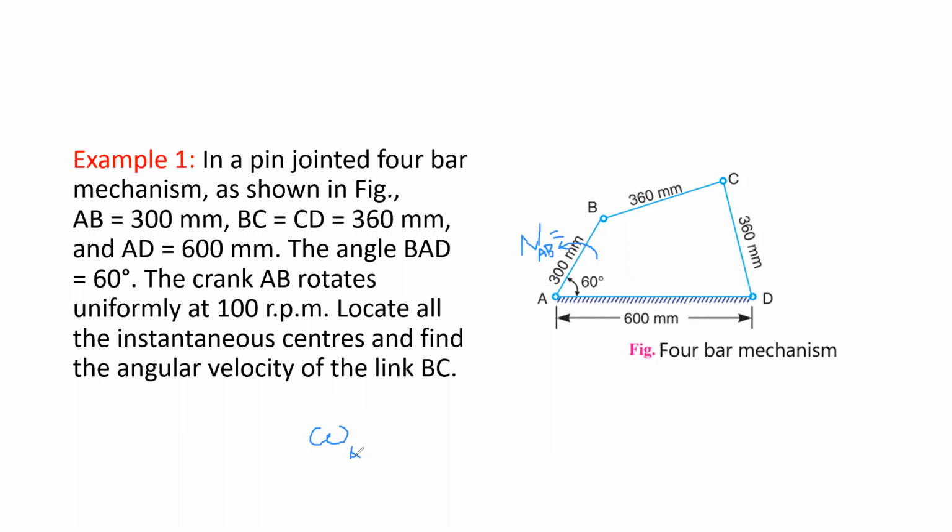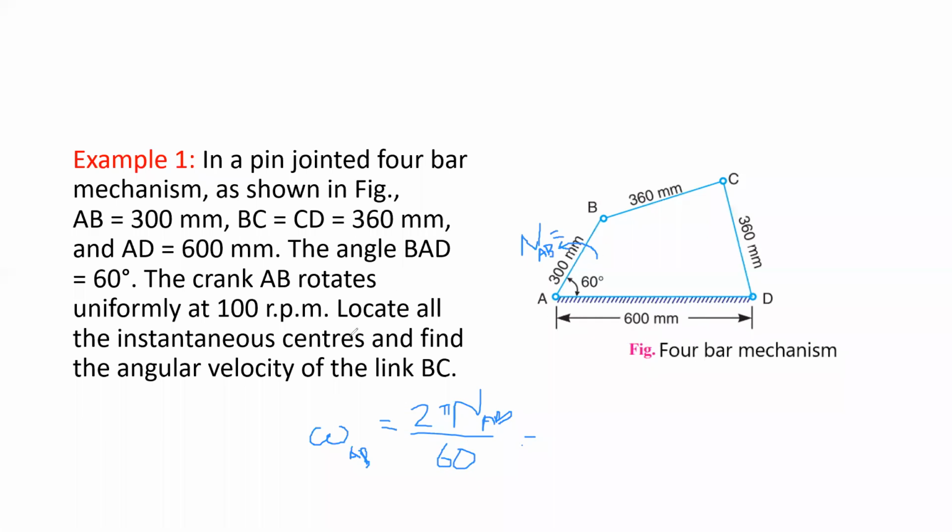The formula is omega is equal to 2 pi N upon 60. Okay. So here you have to take RPM of link AB. From here you will find out the angular velocity of link AB.